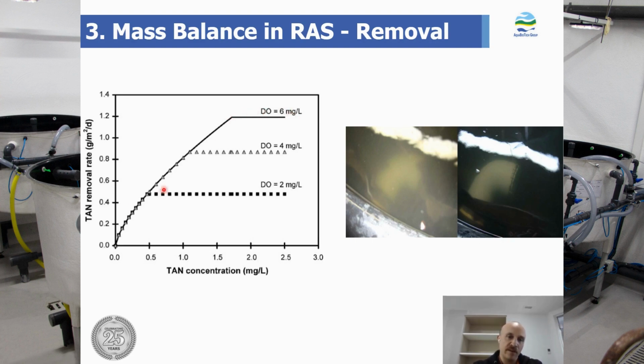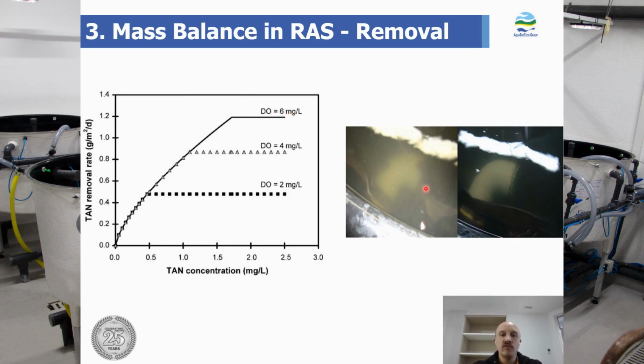So the removal rate of the biofilter is a function of the concentration of the substrate, in this case total ammonium nitrogen, and the level of oxygen in the biofilter, which define the point at which our biofilter will not remove anymore if this concentration increases.